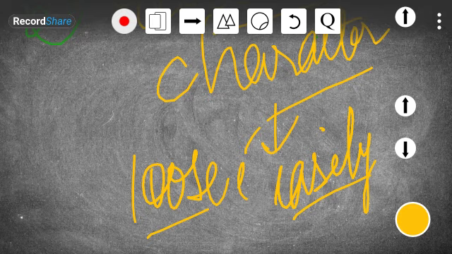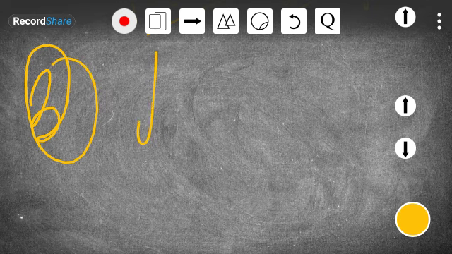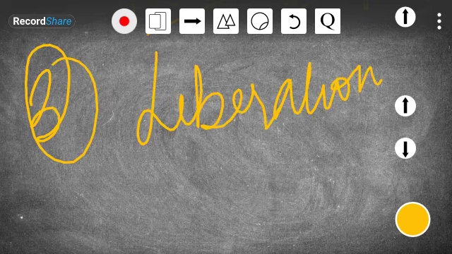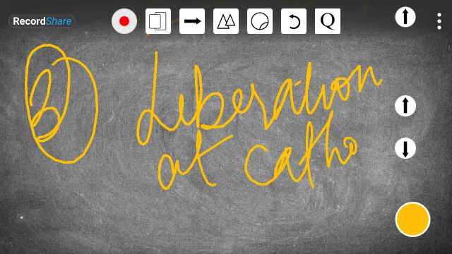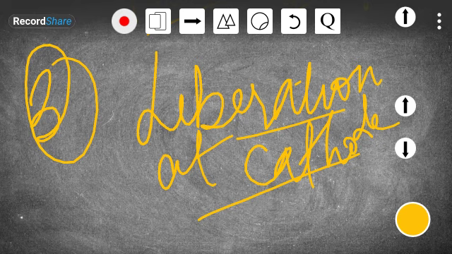Number 3 point of resemblance is liberation at cathode. Both of them are liberated at cathode only, the compounds of hydrogen as well as alkali metals.